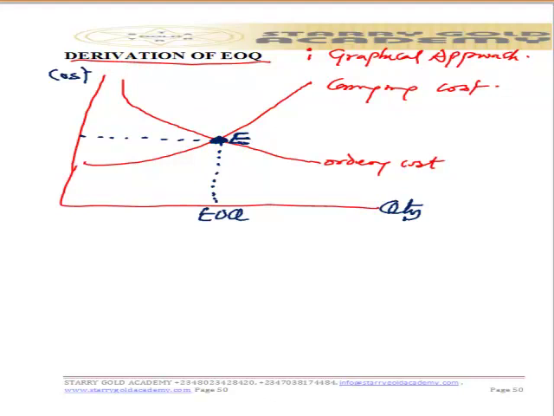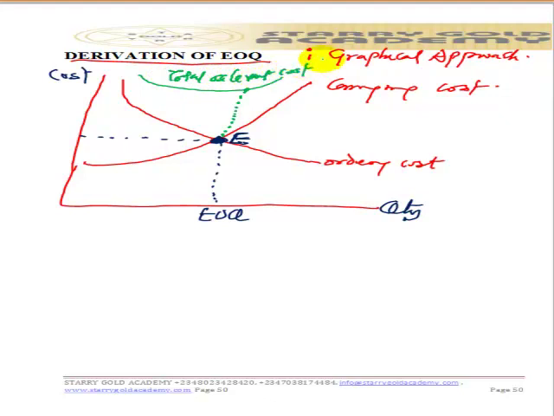And from this graph, if we are going to plot the graph for the total relevant cost, at that level, the total relevant cost will be minimal. This is total relevant cost.